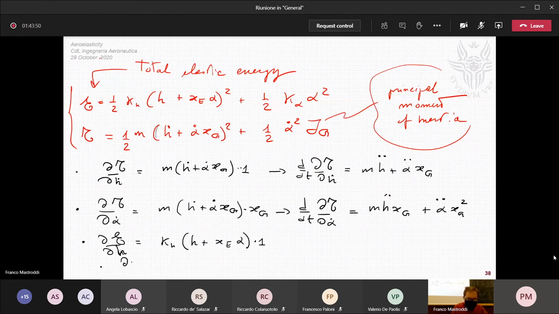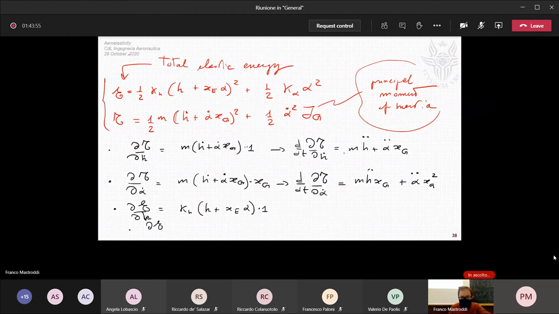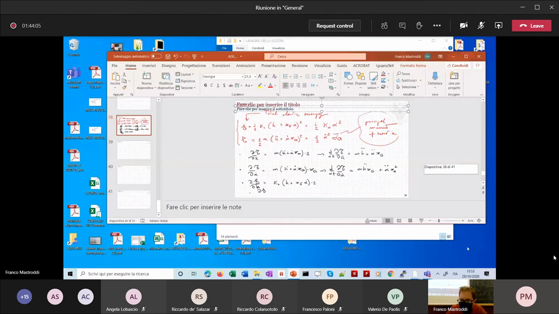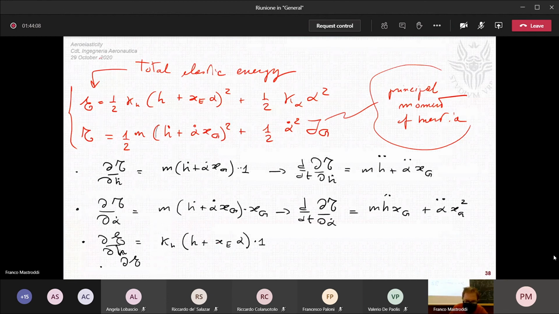And the last is the derivative of the elastic energy with respect to alpha, which is equal to k alpha by h plus xe alpha by xe.